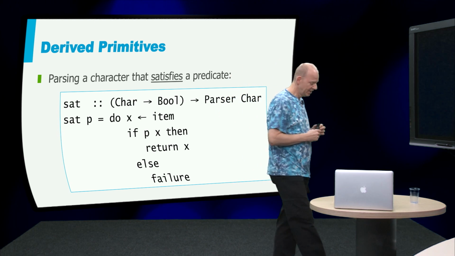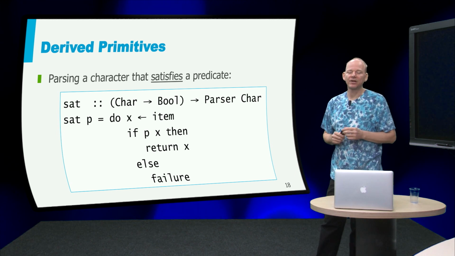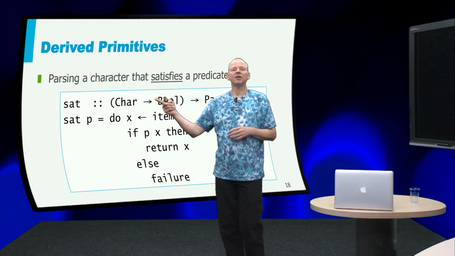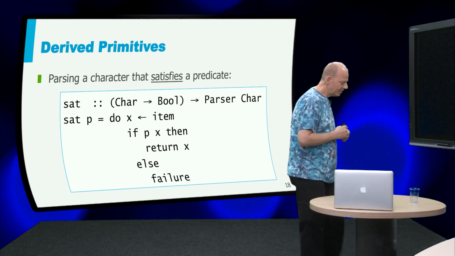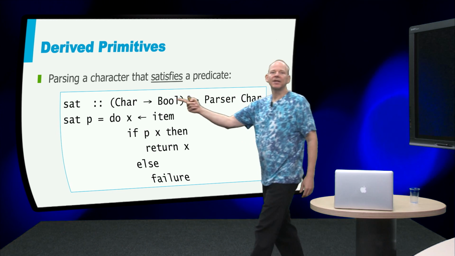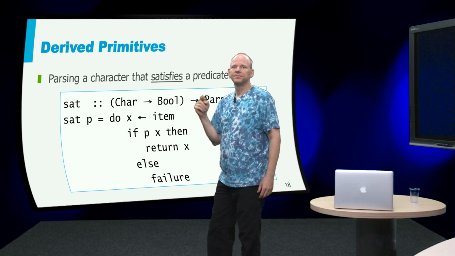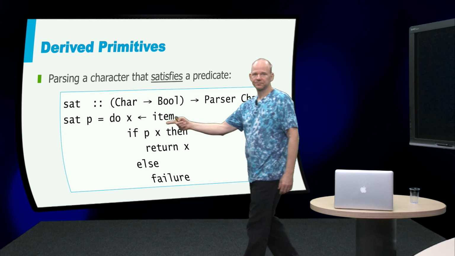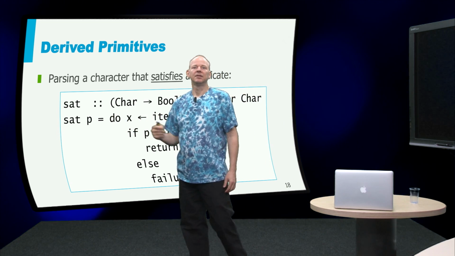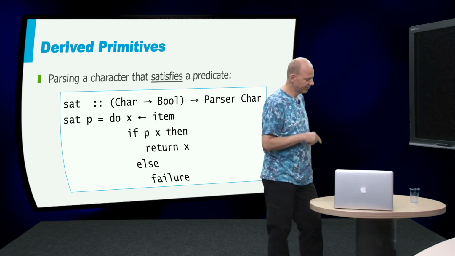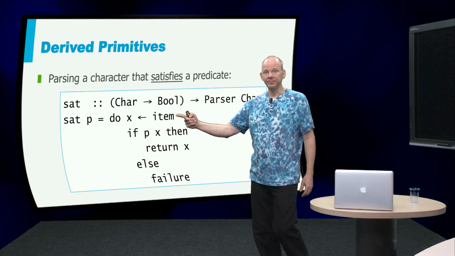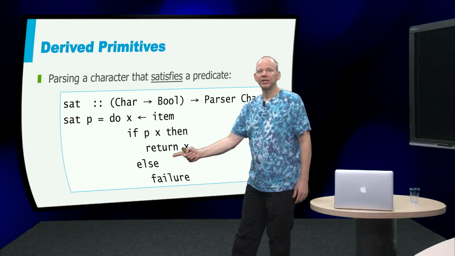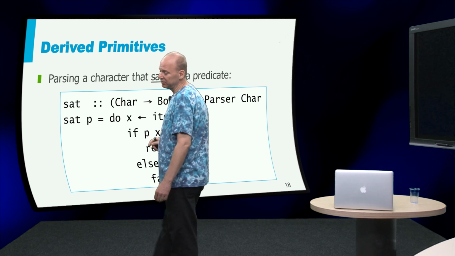And in this case, assuming that we have this parser that can do sequential composition, we're going to write the following function that takes a predicate from character to bool and returns a parser for characters. So here it is. Sat of P, so we're looking for a character that satisfies P. We parse an item that will return X. If P holds, then we immediately return X, and we don't change the input.